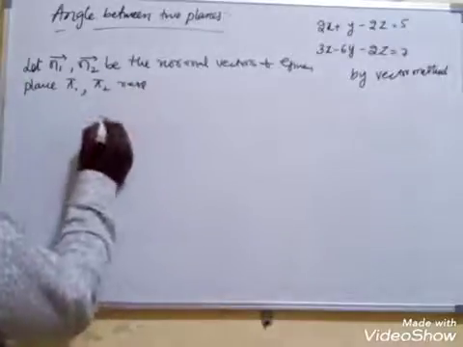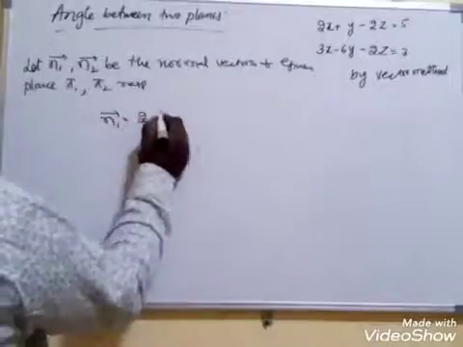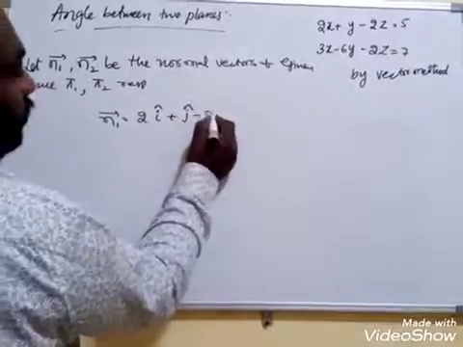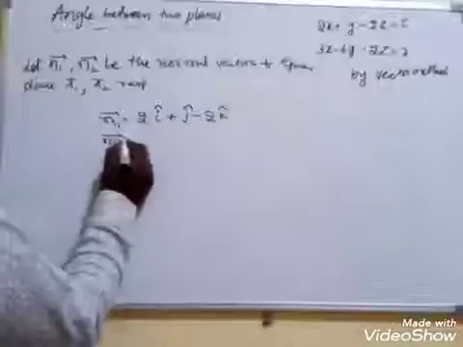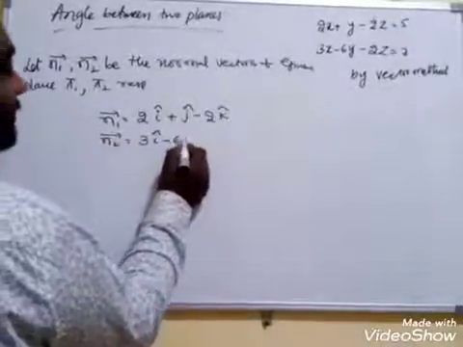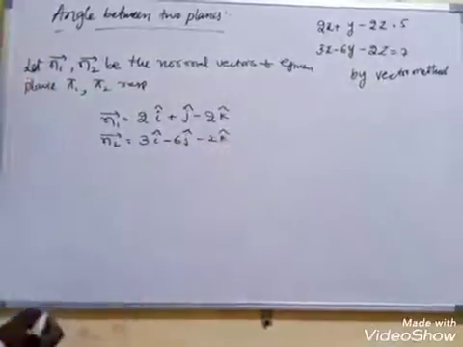Therefore, n1 bar is equal to 2i plus j minus 2k, and n2 bar is equal to 3i minus 6j minus 2k. These are the normal vectors.